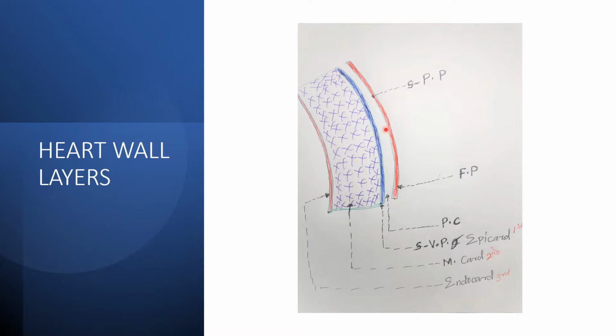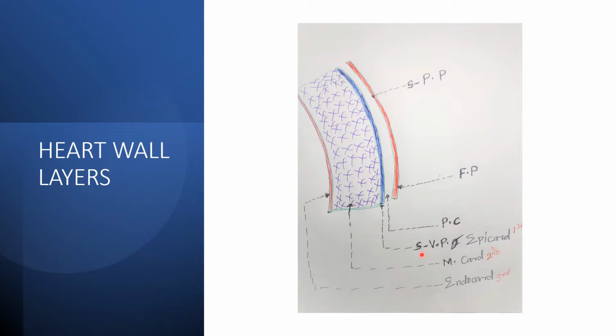And then there will be a space before we reach the serous visceral pericardium. The space between them is the pericardial cavity. That is a story for another day, because when we are dealing with pericarditis, we'll understand better. The serous visceral pericardium is also known as epicardium, and that is the first layer of the heart wall. Okay?